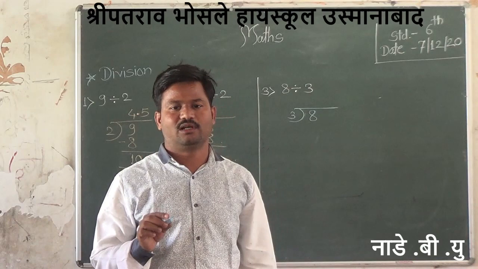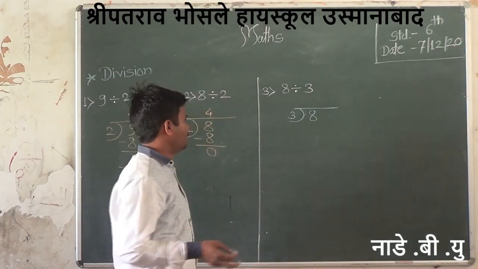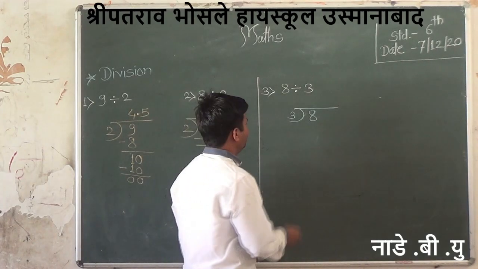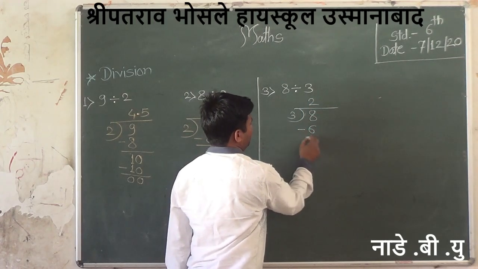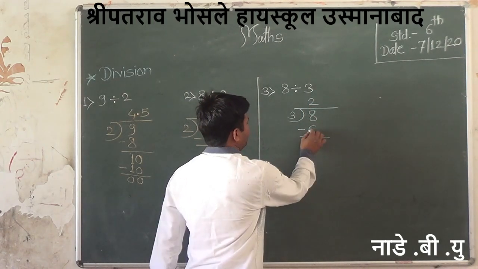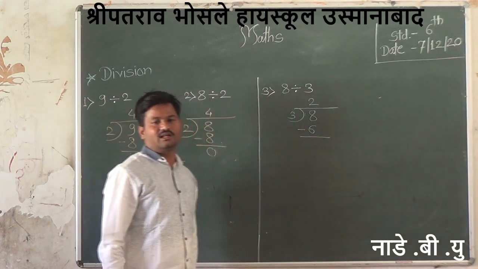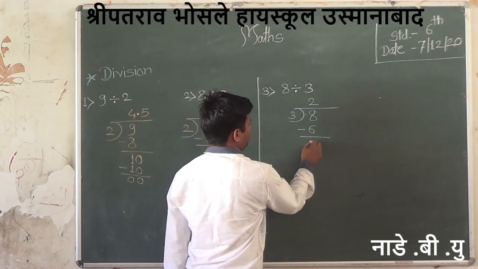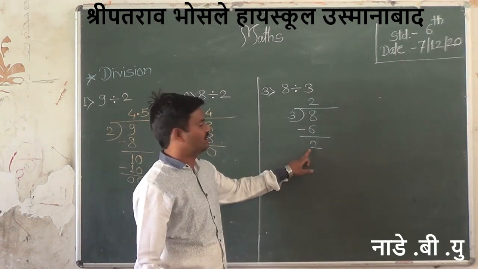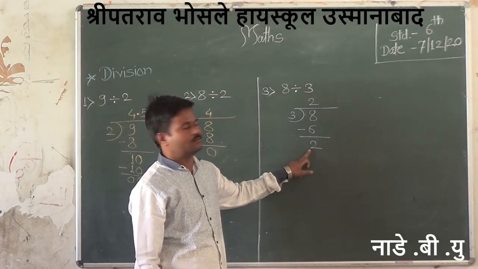In the table of 3, the smaller number is 6, and 6 is in the second place: 3 twos are 6. If 6 is subtracted from 8, the remainder is 8 minus 6, 2. The remainder is 2.